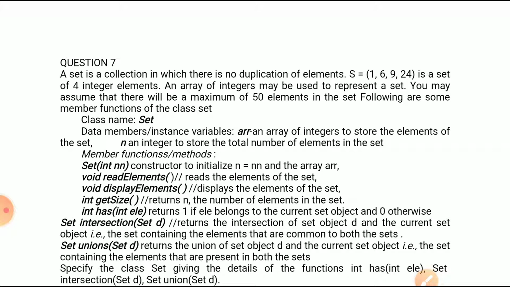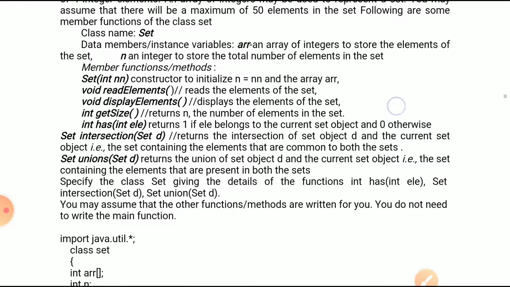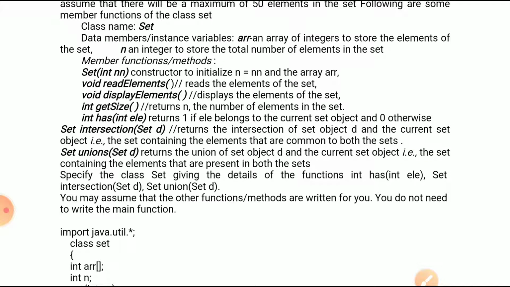Following are some member functions of the class set. There is a class set with the member data ARR, which is an array of integers, and another member data N, which stores the total number of elements in the set.